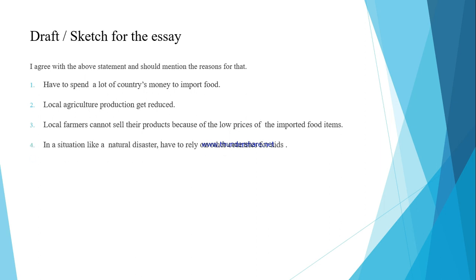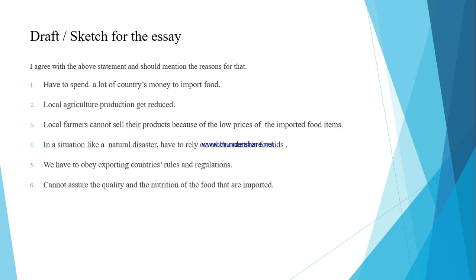Fourth one, in a situation like a natural disaster, we have to rely on other countries for aid. Fifth one, we have to obey the exporting country's rules and regulations. Sixth one, we cannot assure the quality and the nutrition of the food that is imported.